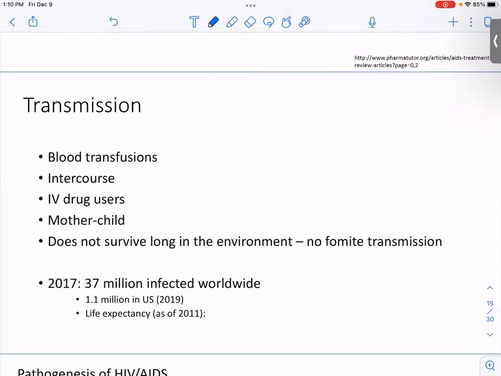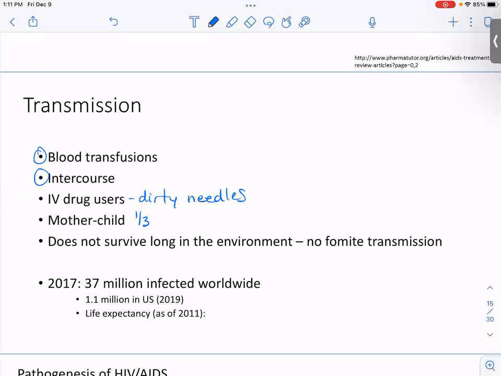It's through bodily fluids: blood transfusions, sexual intercourse, IV drug users sharing needles, mother to child transmission. About a third of the time, an HIV positive mother will pass the virus to their child. So not maybe as often as you might have thought.